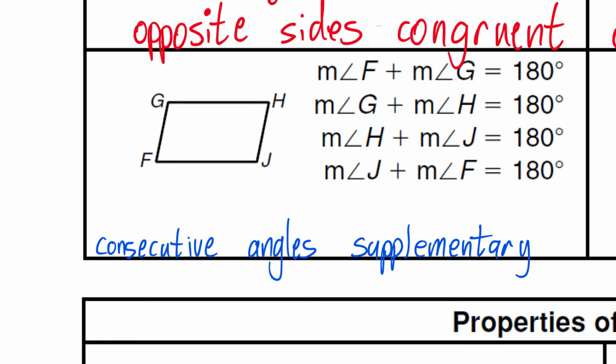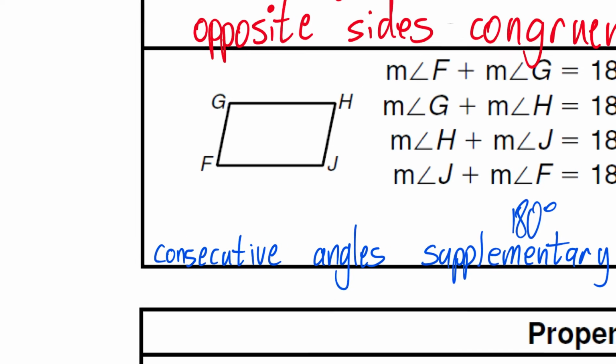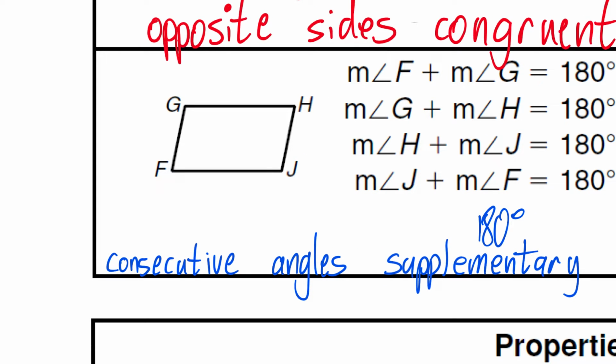Consecutive angles are supplementary. And yeah, supplementary means they add up to 180. Consecutive means like right next to each other. So in this case, G and F would be an example. If angle F is 80 degrees, angle G would be 100 degrees, because these two are always going to add up to 180.